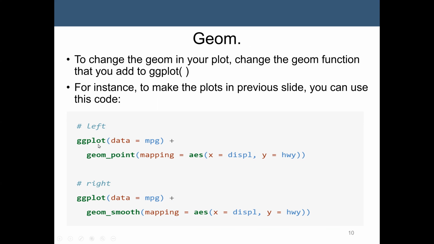We have ggplot, data = mpg, geom_point, with our x and y axis mapping. Then we have a second plot with the same data and the same x and y mapping, but this time we are using geom_smooth.